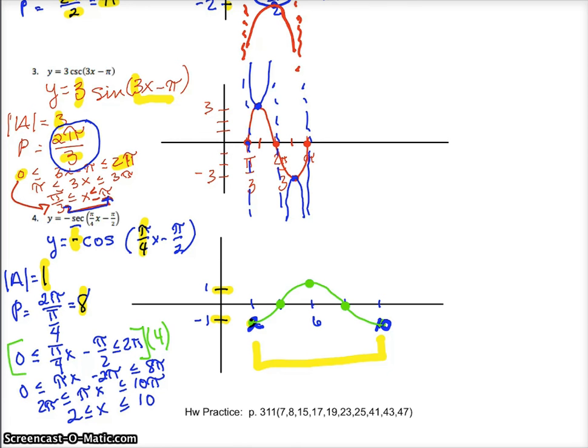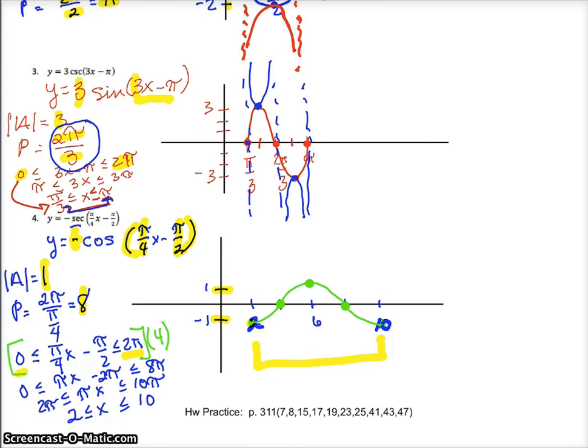Then I took bx minus c, or the value in parentheses, and because I know that's a horizontal shift or a phase shift, I placed that between 0 and 2 pi, the domain of our parent function, and solved for x. So this takes into account changing the period length and shifting.